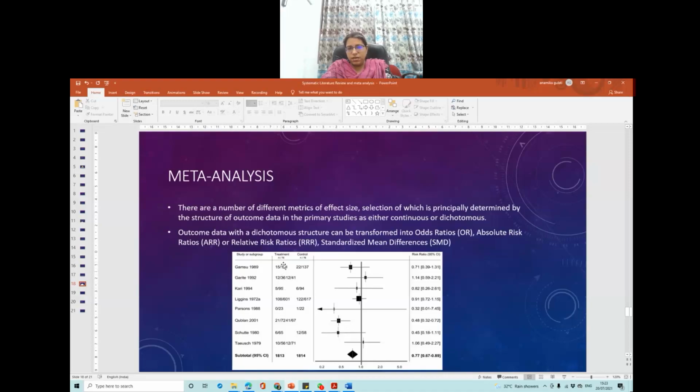So this is dichotomous data. These lines show whether the results are favoring the treatment or the control. So this is a risk ratio, more of a healthcare kind of forest plot. I'll not go into details of what the risk ratio or these arrows show, but it's just an example of the meta-analysis output.